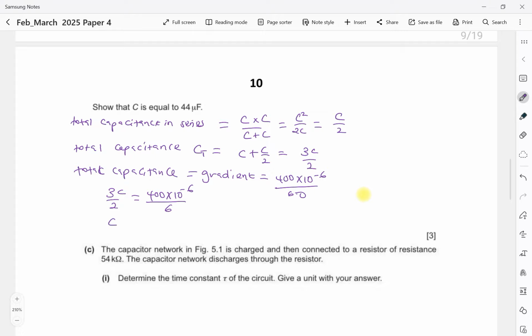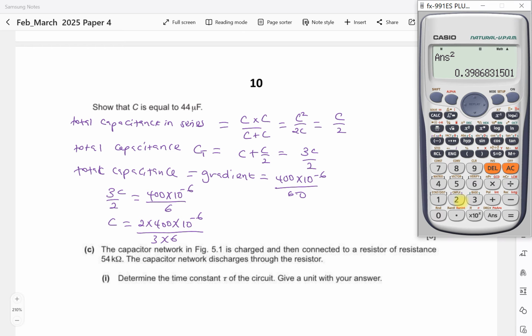Or you could say C equals 2 times 400 times 10 to the power of minus 6 divided by 3 times 6. From my calculator, 2 times 400 exponent minus 6 divided by 18.